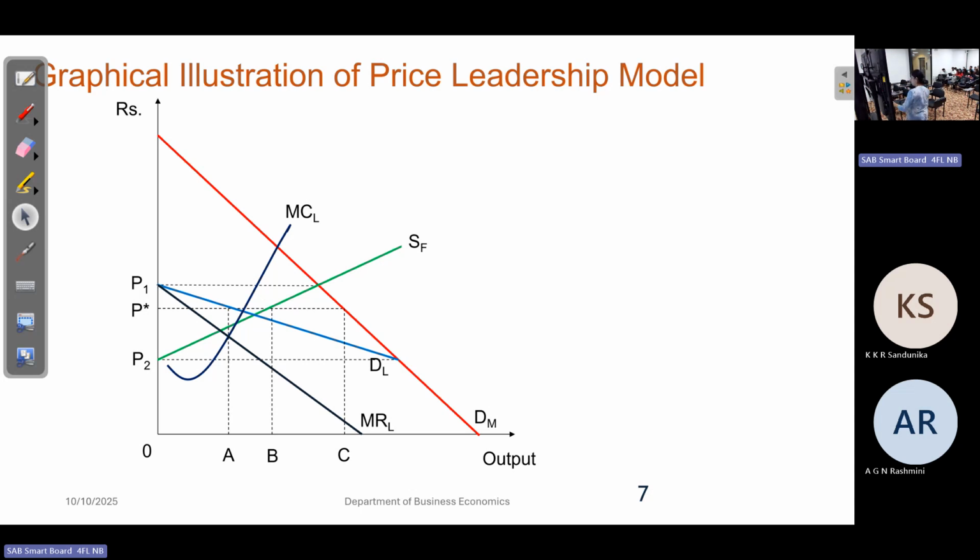First write like this: total market demand at P star is how much? 0 to C. The supply by the followers at P star is 0 to B. The supply by the leader at P star is B to C. So the first point is: what is the market demand under P star?